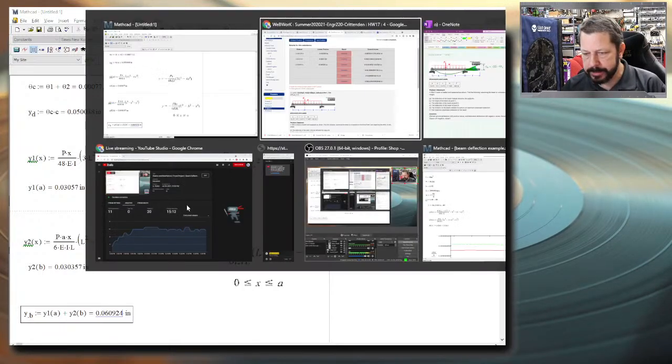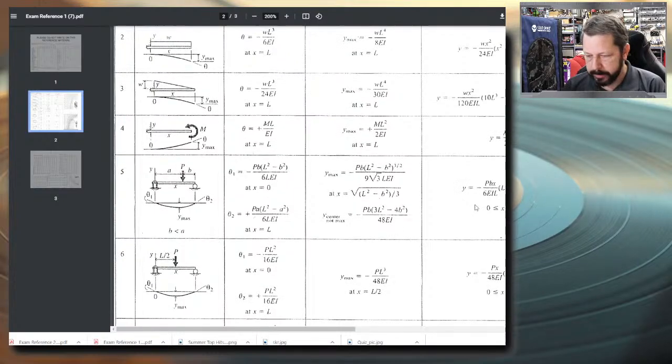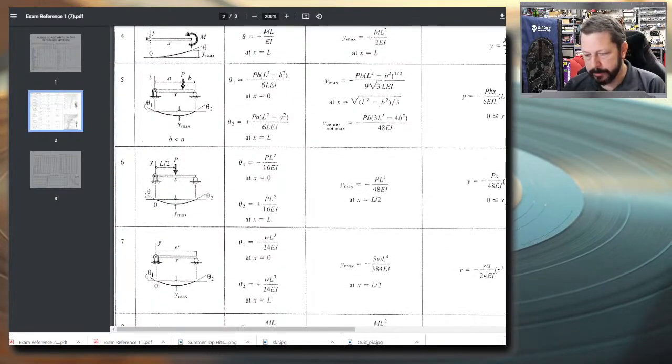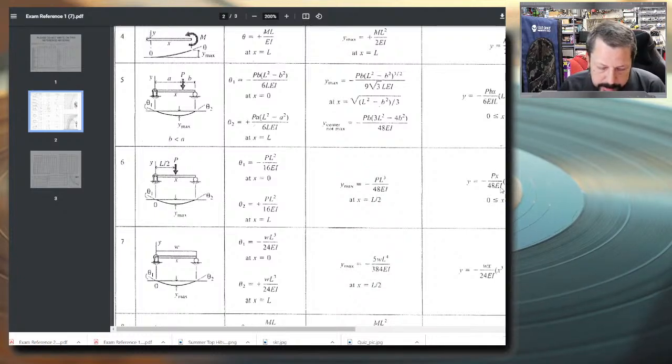Now technically it does show on our reference sheet a range. It is only good from x equals 0 to x equals L over 2. But basically that's just the beam is a mirror image from left to right. So you can cover the whole beam. Just this particular form of the equation only really works for half of the beam. But that seems okay.